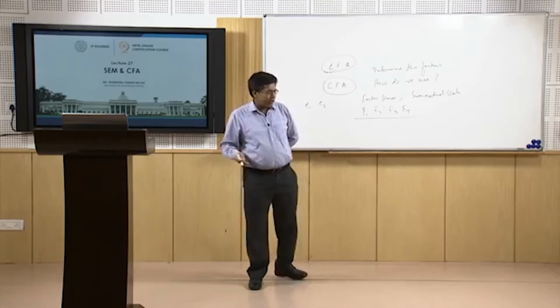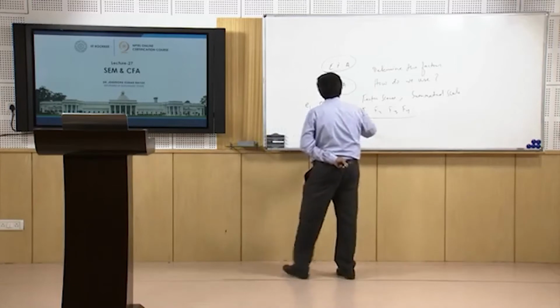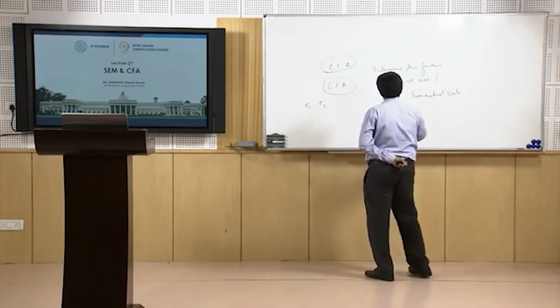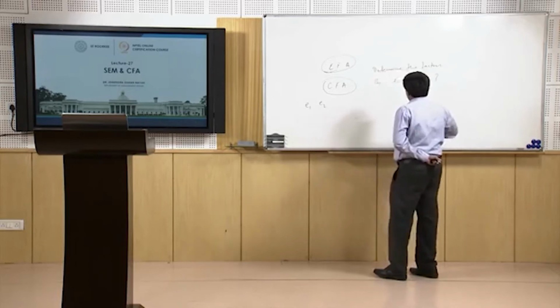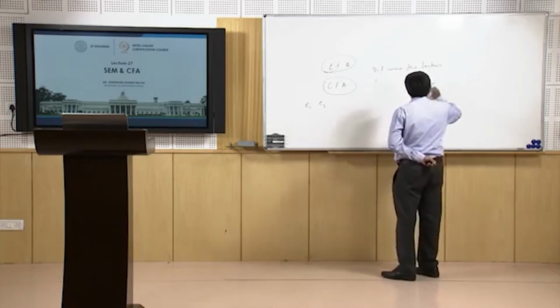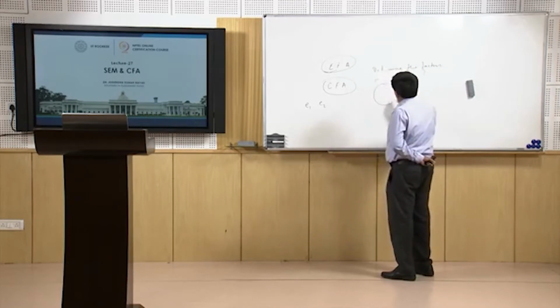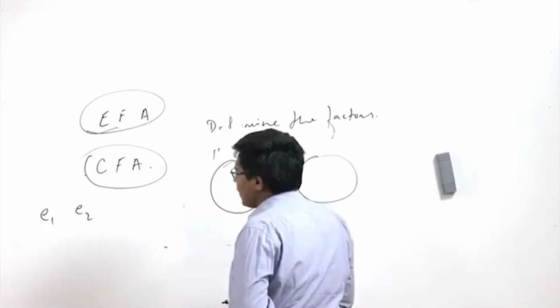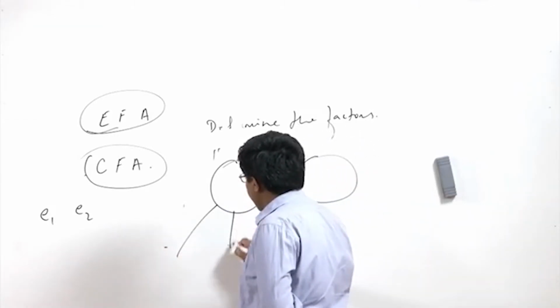So, what we are trying to say here is, in case of a confirmatory factor analysis, let me do it like this. I am not exploring anymore like in exploratory. Suppose these are the two factors, and each factor has certain variables.